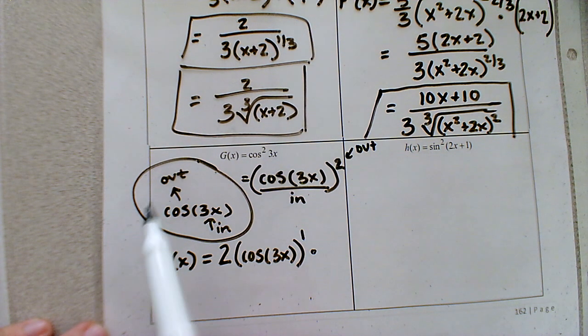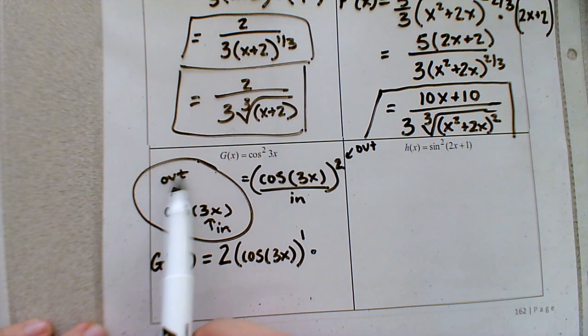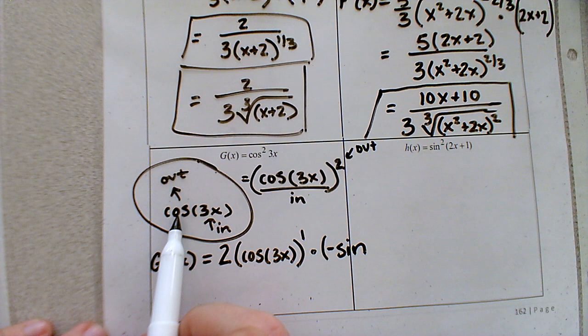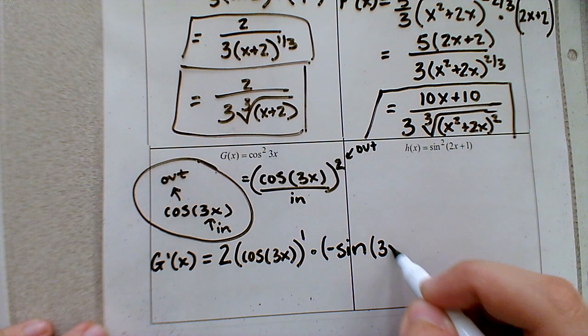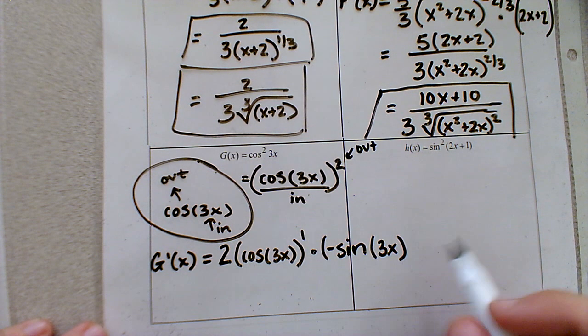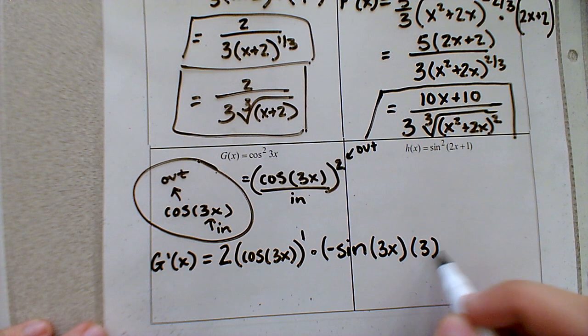So we're going to repeat it. The derivative of our new outside would be negative sine, the derivative of cosine. We got to keep the inside, which is now 3x, and to finish off our chain rule, we got to multiply by the derivative of the inside, which is simply 3.